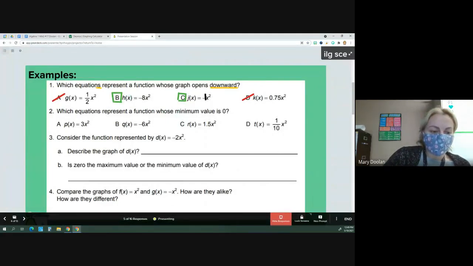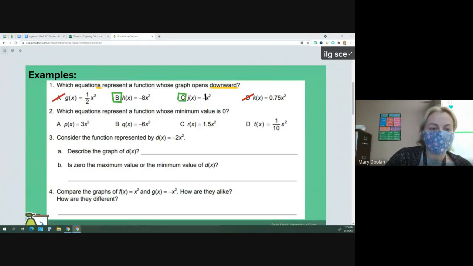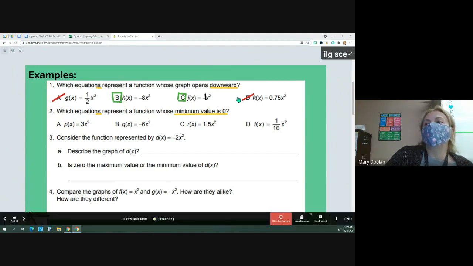Now, number 2, we're looking for something else. Now we're looking for which equations, plural, okay, so there could be more than one, represent a function whose minimum value is 0. Minimum value is 0, okay?